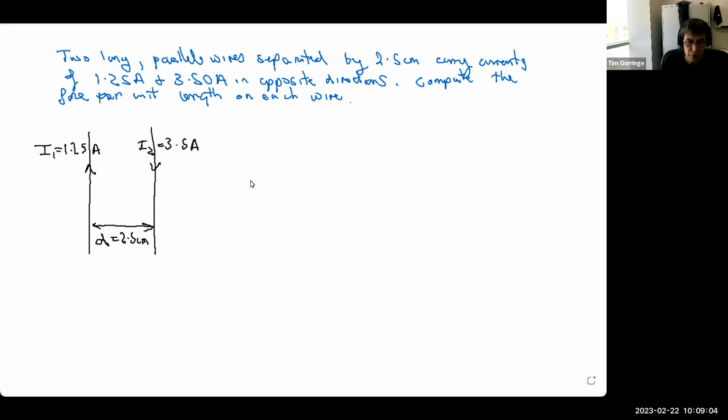So an interesting point about the force between two current carrying wires that resembles, although not exactly, the force between two charges or the force between magnetic poles, is this. If you think of electrical charges, we say that like charges repel one another and unlike charges attract one another.